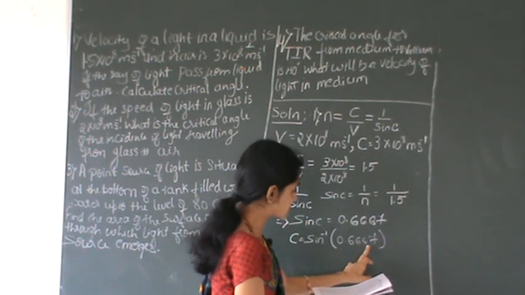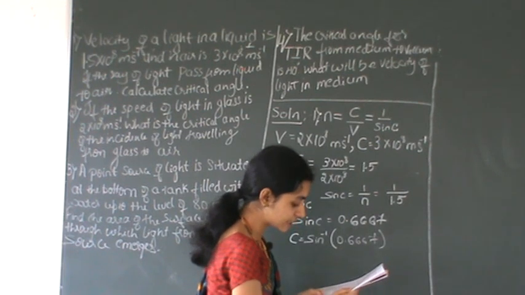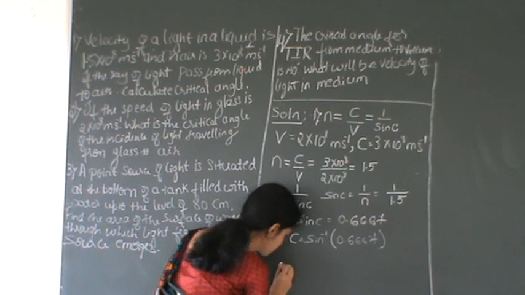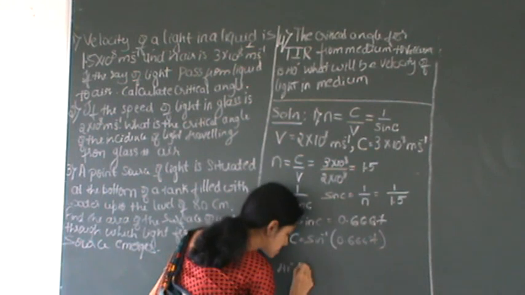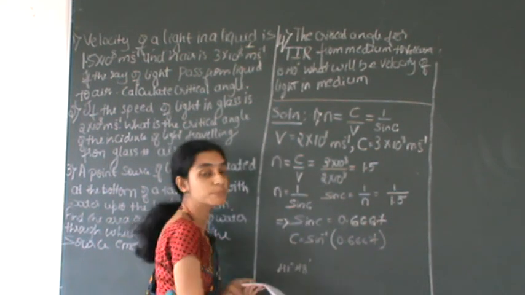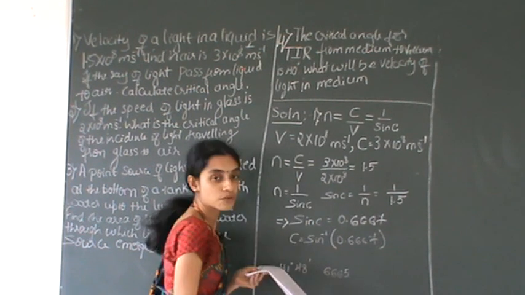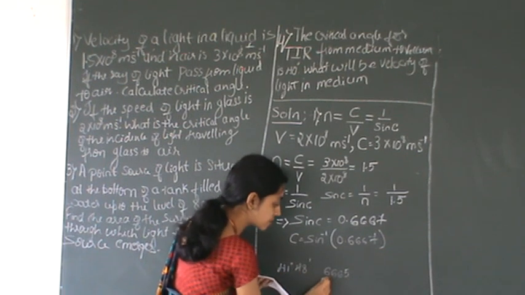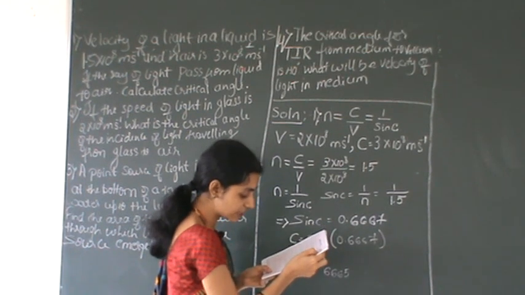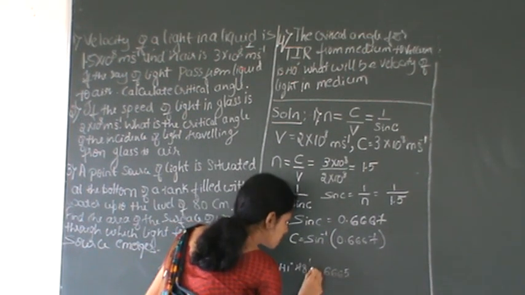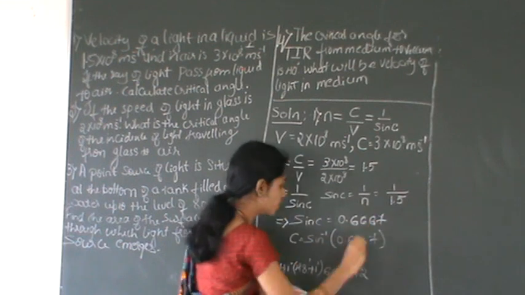What's that value? 6667. So initially, how much will I get? For 41 degrees, 48 minutes, I will get the value 6665. The main difference is that if I add the plus 1 minute value, that value is 2.